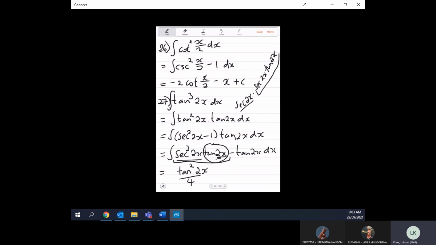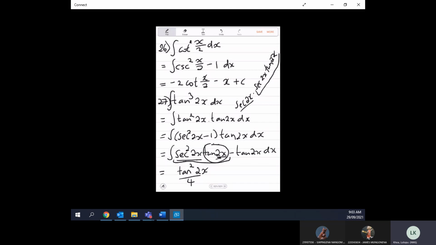So you would follow the same procedure and get sec squared 2x divided by 4 instead of tan squared 2x divided by 4, but both of them are fine. Okay, and then minus tan 2x.